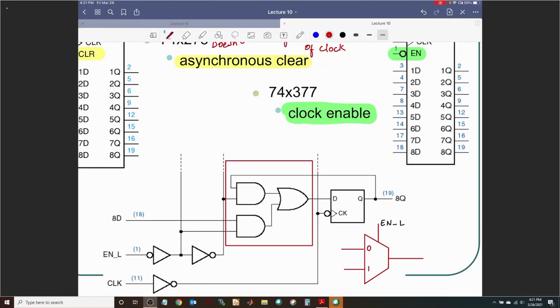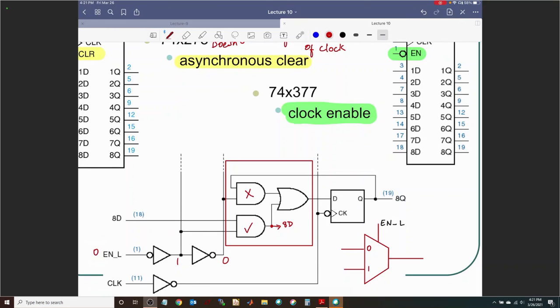When it is 0, what goes through? If it is a 0 here, it is a 1 here, it is a 0 here, right? That means this one is out, this one is in. So the output over here is going to be what? This is going to be 8D and 1, which is 8D.